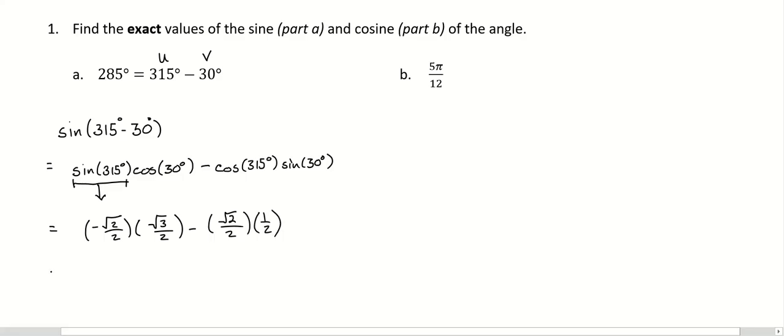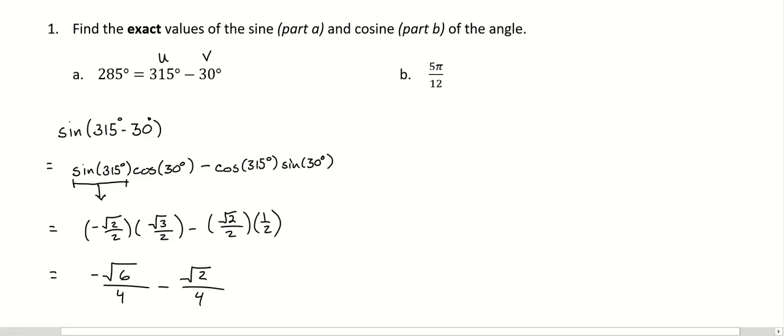We're just going to multiply these fractions straight through, numerator by numerator, denominator by denominator. Negative root 2 times root 3 is negative square root of 6 over 4, minus this one gives the square root of 2 over 4.